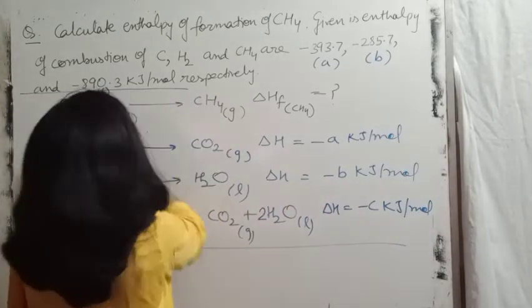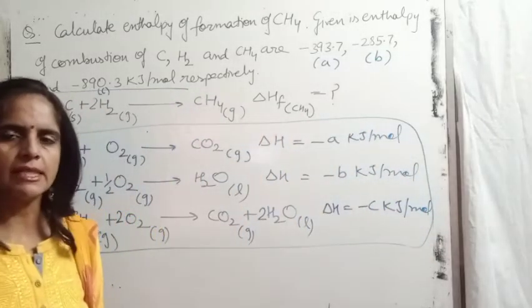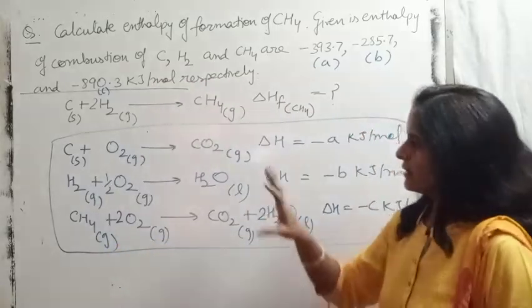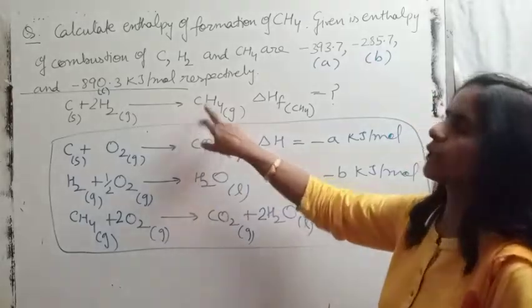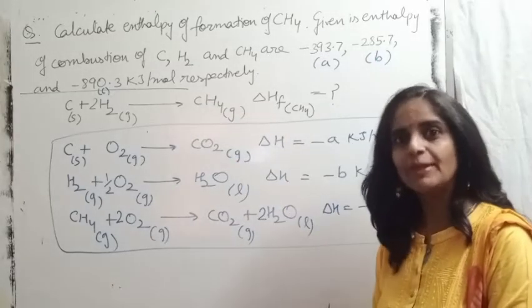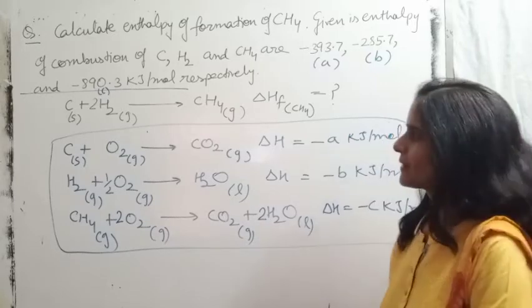We have written the equations for the given enthalpies. Now again, as we did in the previous case, we have to use these chemical equations to get the required equation. As I told you earlier, in the similar way, start. I hope you can easily do it.